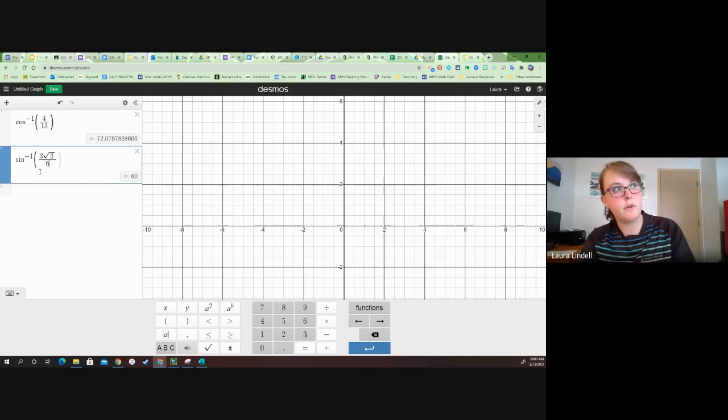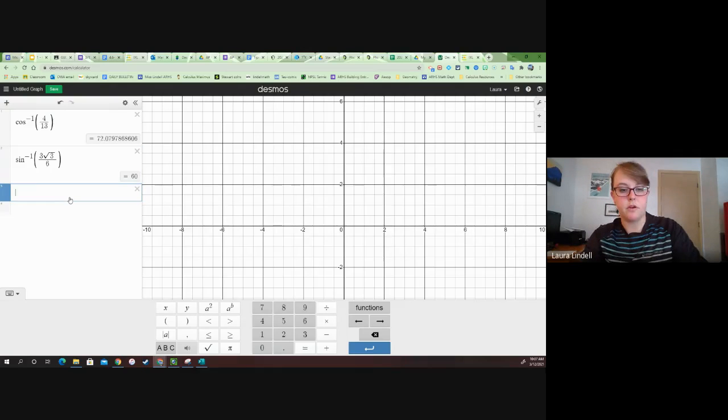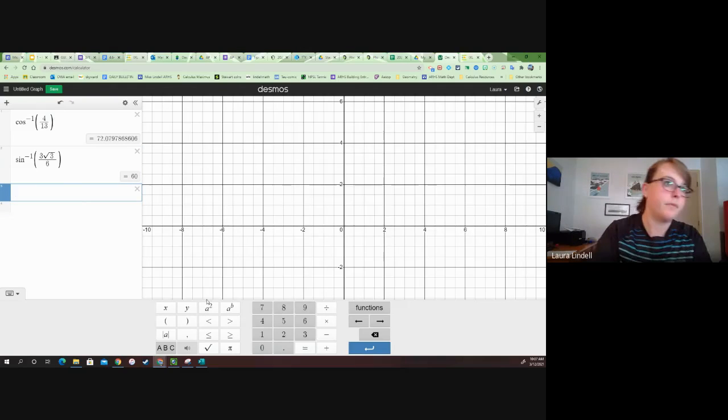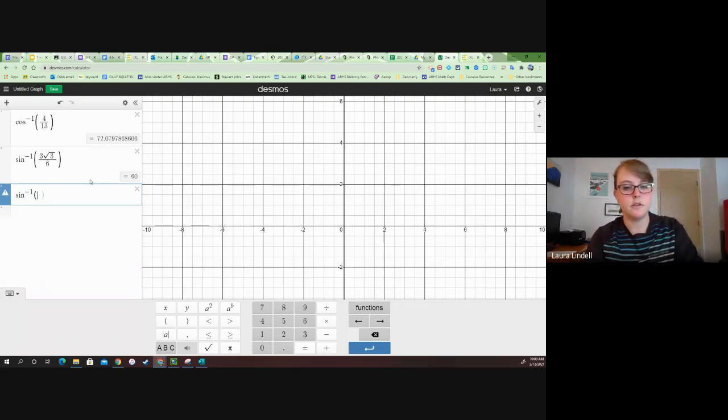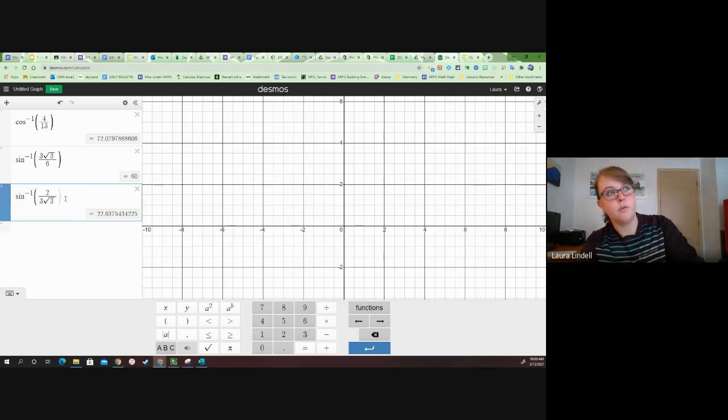If the 3√3 were on the bottom, you would have something similar going on. Let's see, if you had something with a root in it, 2 over 3√3, you would want to make sure that the whole entire 3√3 is in the denominator.